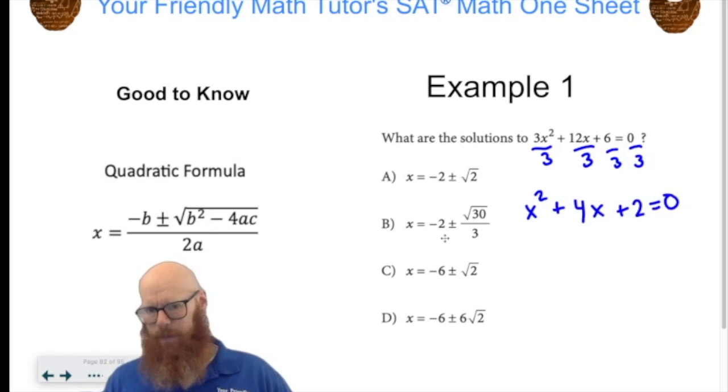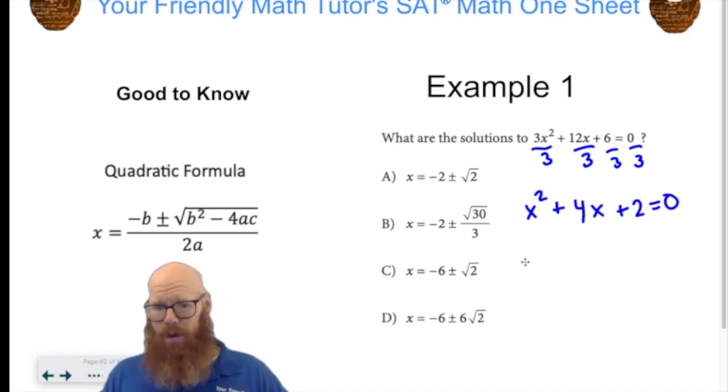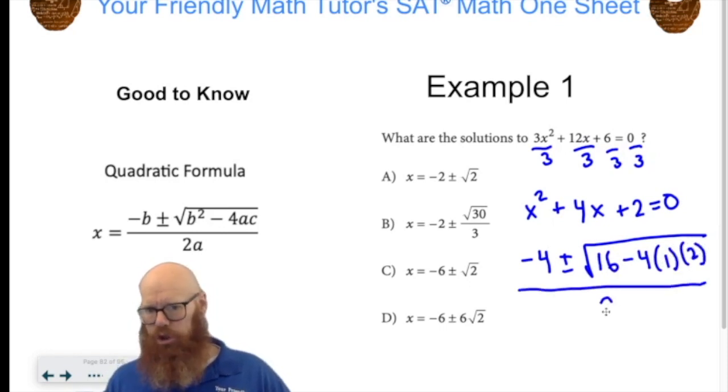And now we can use the quadratic formula. So negative b would be negative 4 in this case, plus or minus the square root of b squared, which is 16, minus 4 times a, which is 1, times c, which is 2, all over 2 times a.